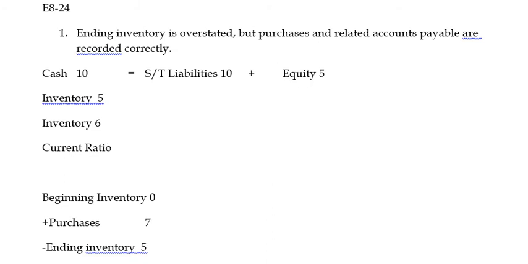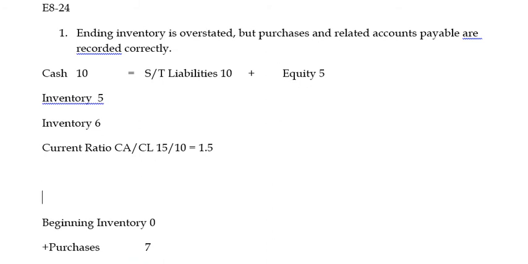And so when we look at a current ratio, we would say current assets over current liabilities, right? So if this was correct, we would have 15 in cash and inventory over liabilities of 10, so our current ratio would be 1.5.